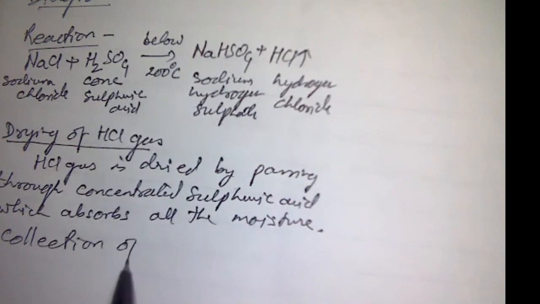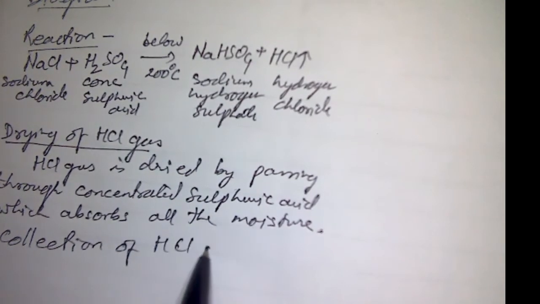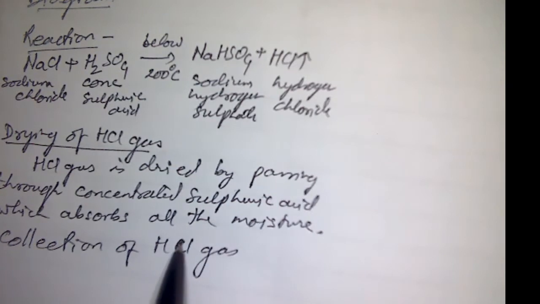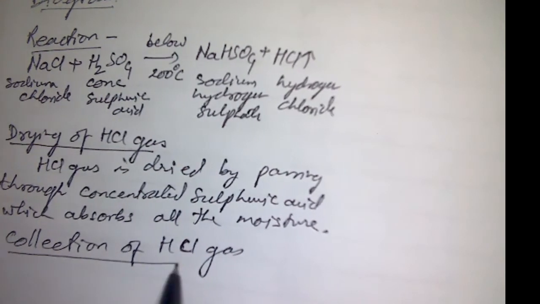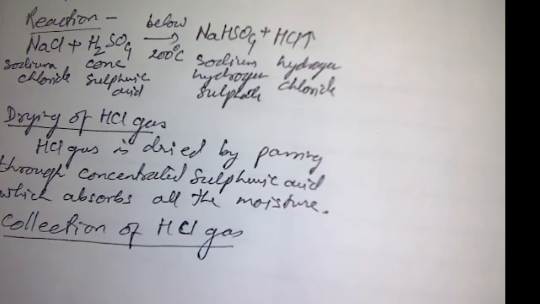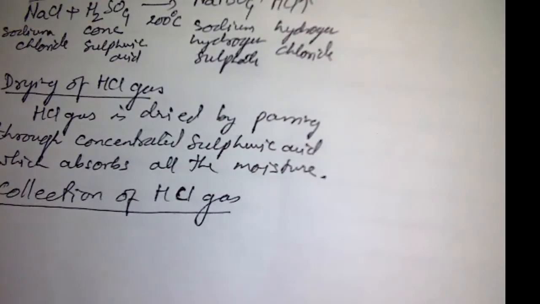So the next step after drying is collection of hydrogen chloride gas. How do we collect it? This collection depends upon whether the gas is heavier than or lighter than air. Clear? So when I take this HCl gas, the vapor density was 18.25. We have already seen air, the vapor density is 14.4.